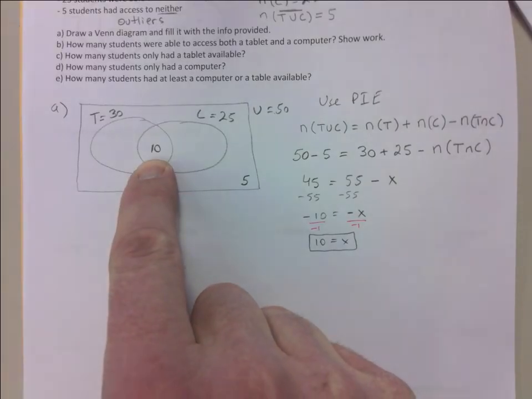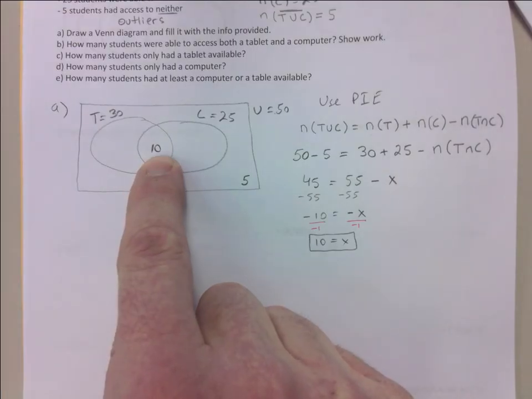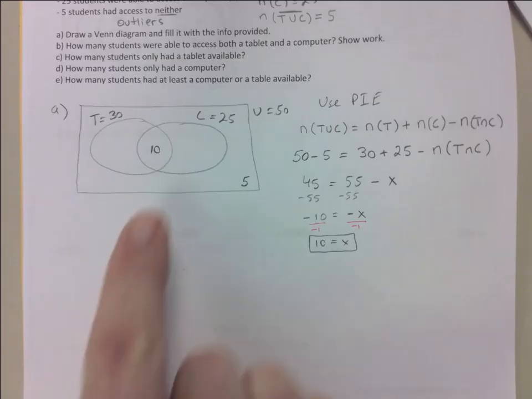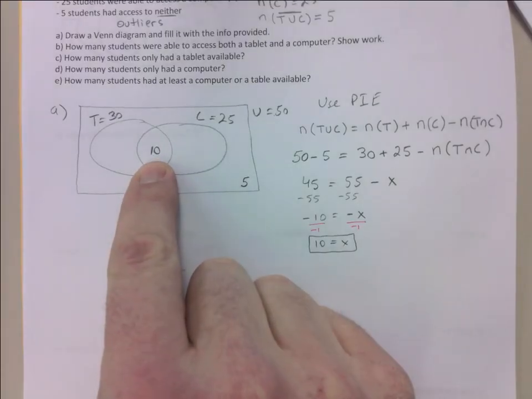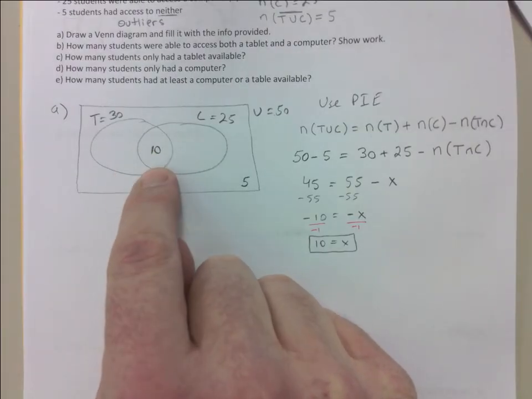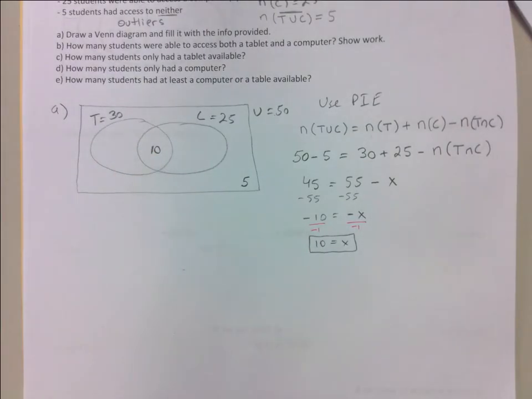There's 10 elements in there, not just one. There's 10 in there. So we're shifting over. If I don't list all of the elements, if all you see is one number in there, for us, that's the number of elements that are found in that intersection. So 10 students have both, okay? 10 students have a tablet and they have a computer.